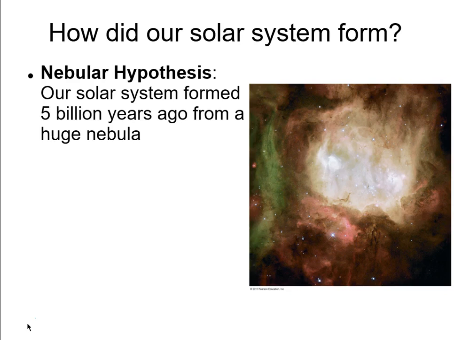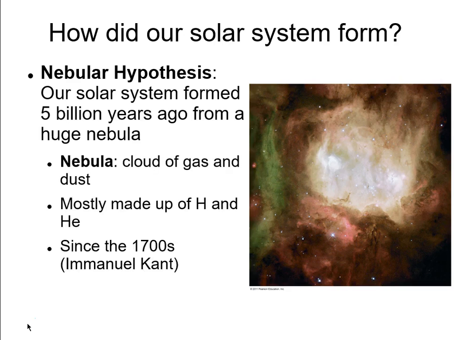All right, so the nebular hypothesis states that our solar system formed 5 billion years ago from a huge nebula. This is a picture of a nebula taken from the Hubble Space Telescope. A nebula is a cloud of gas and dust.